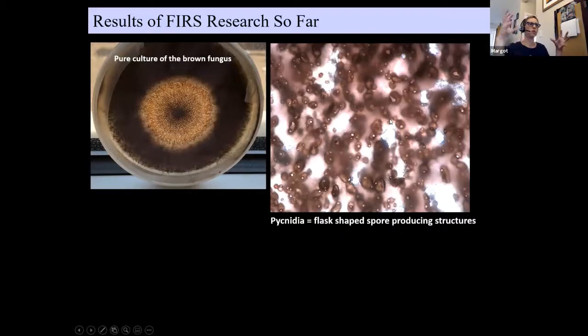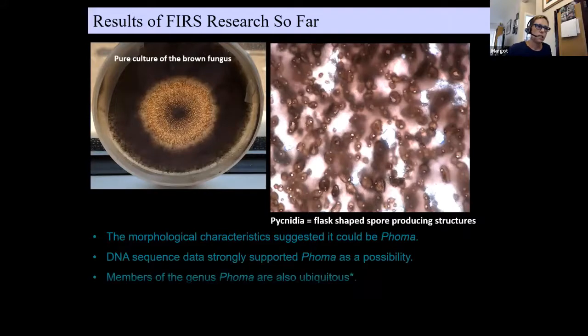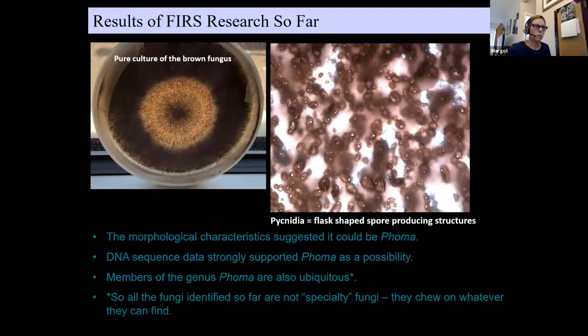And when you flood these plates with water, the spores just kind of ooze out all over the place. So based on that morphology, I thought it was this fungus known as Phoma, and the DNA sequencing strongly suggested Phoma as a possibility. Phoma is another fungus that's just everywhere. It's ubiquitous. Wherever there's stuff, there's Phoma.